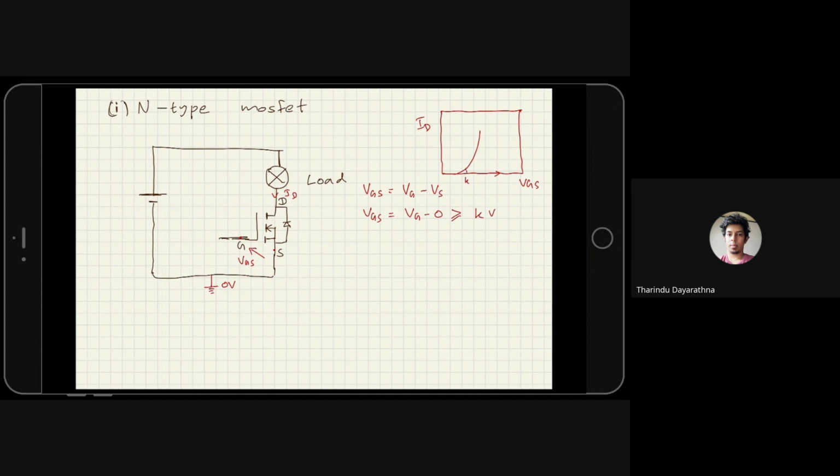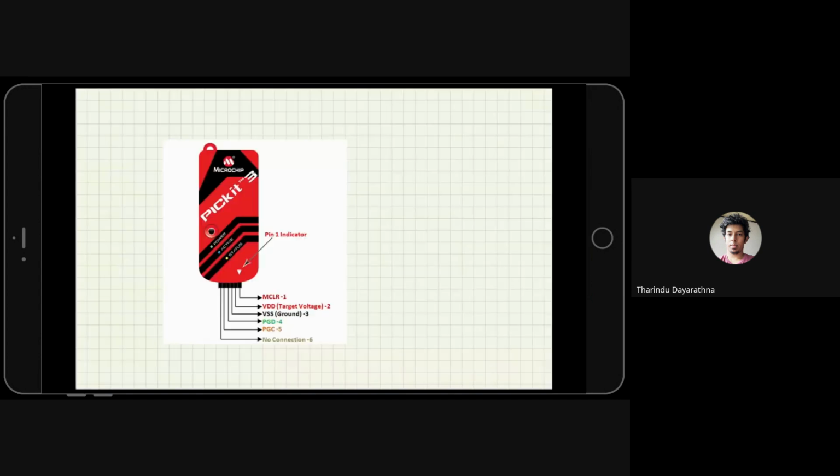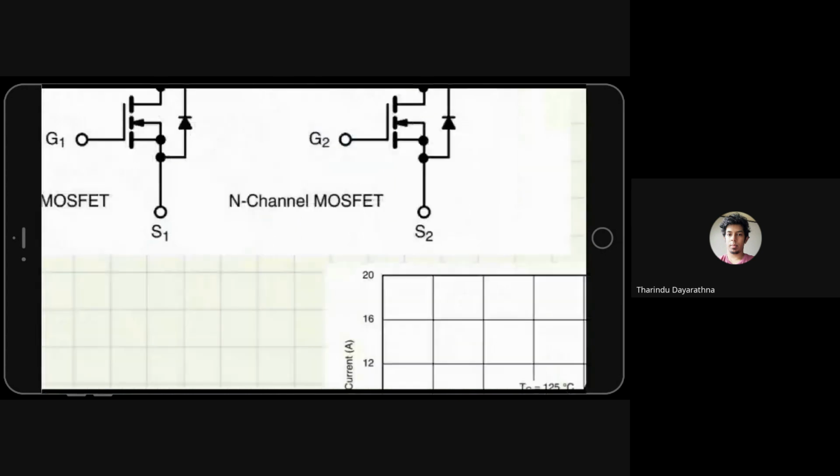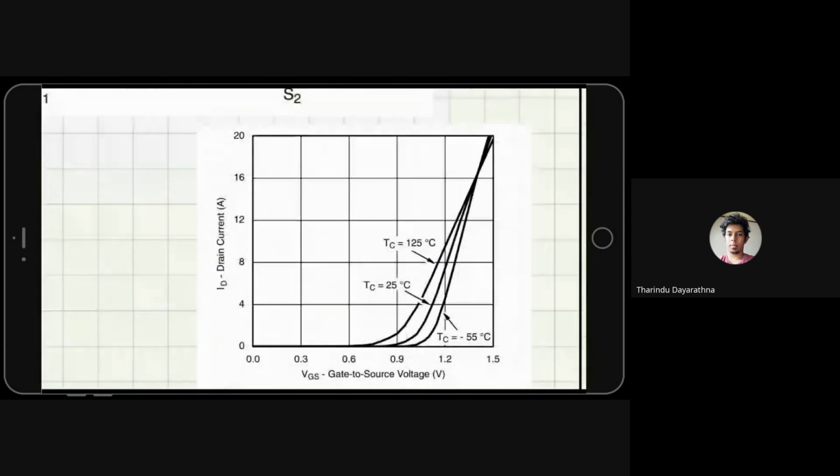If I go back to some N-type MOSFET, this is an N-type MOSFET. This is not this MOSFET, it's a different MOSFET, but anyway, you can see here after 1.2 volt of VGS, it will start to conduct a very huge current, which means the MOSFET is on.